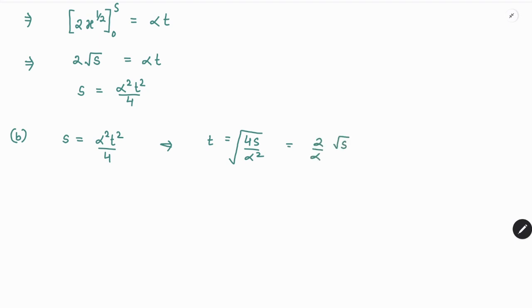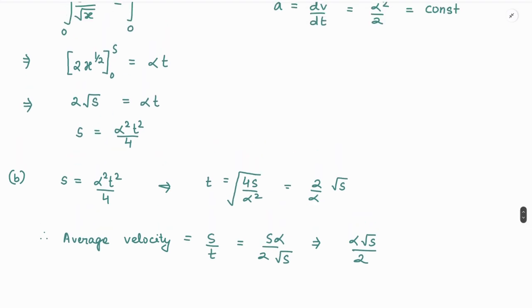It will take this amount of time, and therefore average velocity turns out to be displacement by time t. If we put displacement as s and time t as 2 by alpha root s, then we obtain the value as alpha root s by 2. So this is the average velocity which we are looking for, and the second part of the problem is solved.